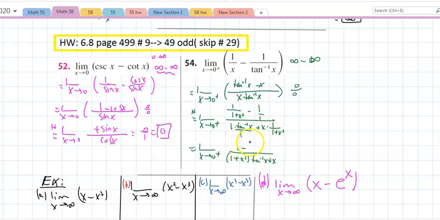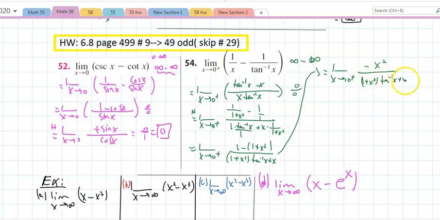And that is 1 minus 1 plus x squared. So altogether, I'm looking at the limit as x approaches 0 from the right. 1 minus 1 is 0. That's negative x squared divided by 1 plus x squared times inverse tangent of x plus x.